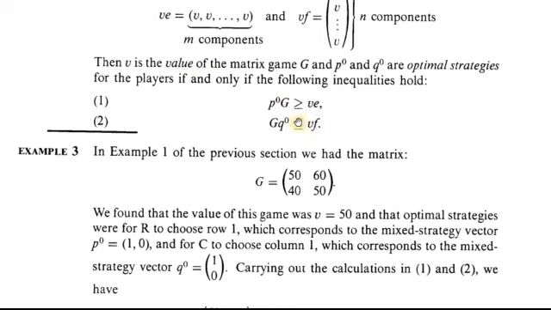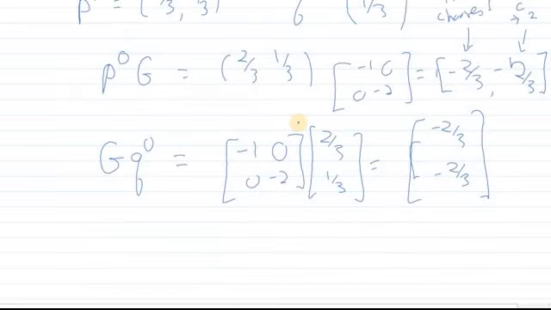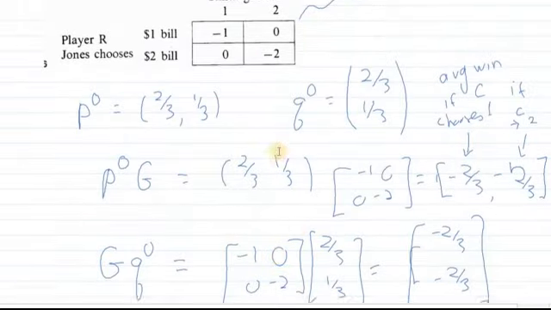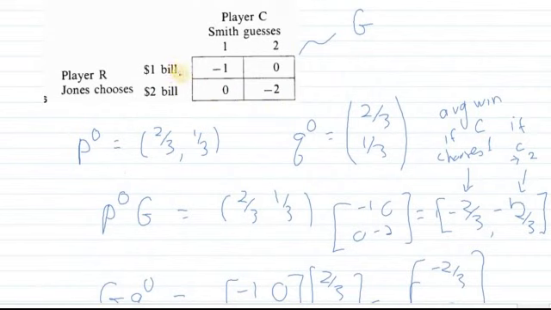And if Smith and Jones use this strategy where each chooses $1 with probability 2/3 and $2 with probability 1/3, then Jones will guarantee the best minimum average payoff, and Smith will guarantee the best minimum of his maximum loss. Right? So it's kind of an extension of the first case where you had a saddle point, only you do the same thing with mixed strategies.